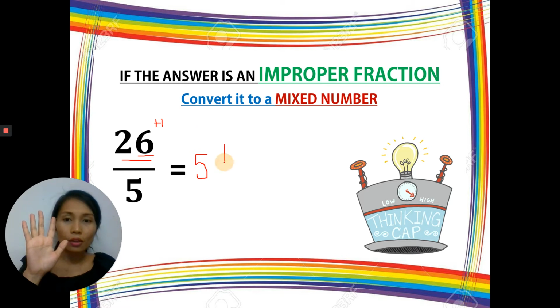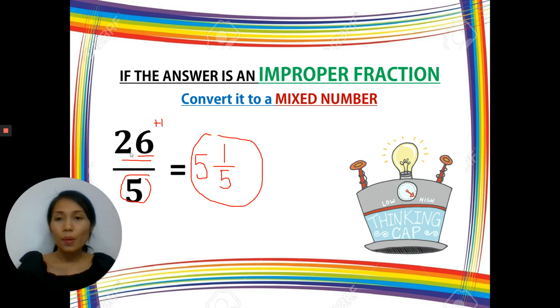So we'll have that 1 as the numerator and then copy the denominator 5 over here. So the improper fraction 26 over 5 is equal to 5 and 1/5 as a mixed number. So if your answer is already this, then that could be your answer. That could be fine because it's already a mixed number.